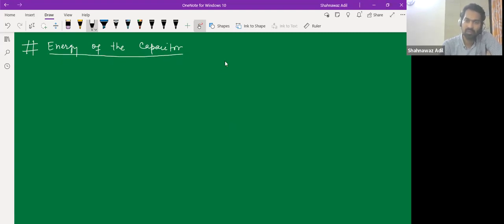So we have this capacitor. This is Q and this is minus Q.